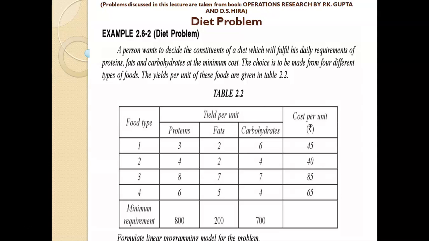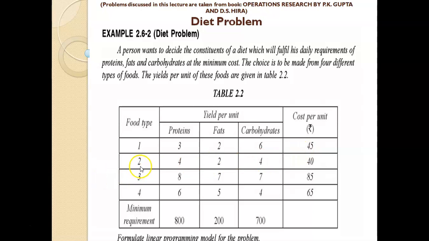So from here we can see that food type 1 consists of 3 units of proteins, 2 units of fats, and 6 units of carbohydrates in its 1 unit, and the per unit cost of food 1 is 45 rupees.